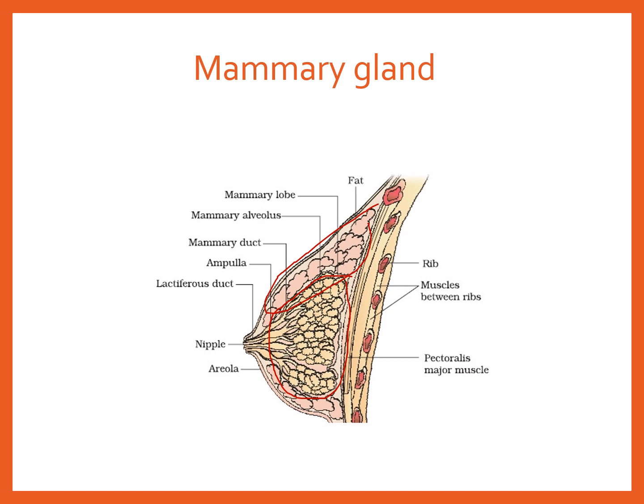Many of these alveoli will open up into the tubules. Tubules will join and form the mammary duct, which opens into the structure called the ampulla. Ampulla means open, wider region, and they all join out through the lactiferous duct, and this outer portion is called the nipple, and the areolar portion is the pigmented portion surrounding the nipple.